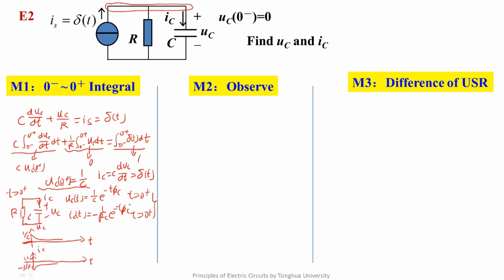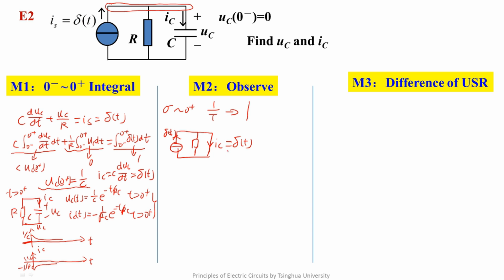The second method is observation. We suppose the capacitor's voltage keeps constant from 0 minus to 0 plus. In other words, the capacitor is equivalent to a short circuit line. This is the equivalent circuit of the given one. Obviously, in this resistive circuit, IC equals delta t because it shorts the branch and all the current flows through it.